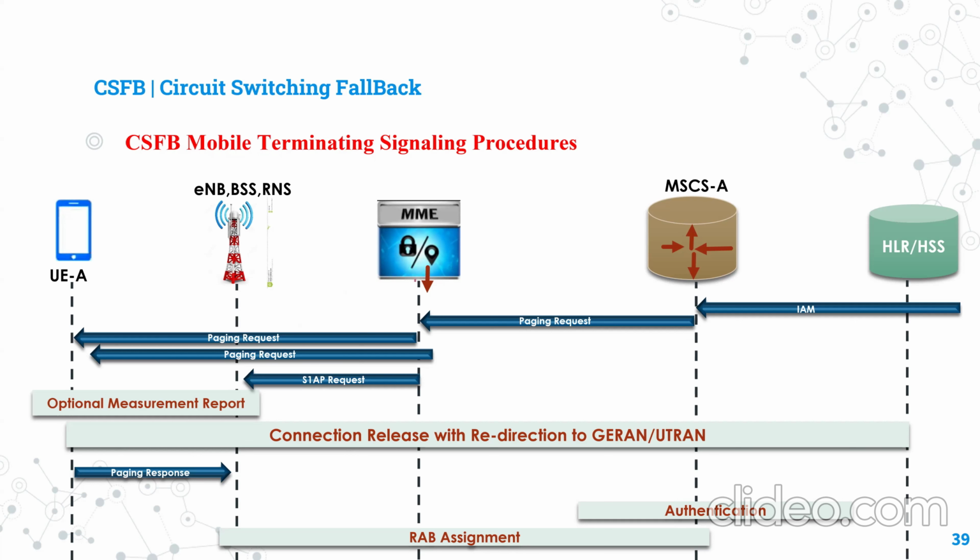Here, the MSC will do its call setup procedures like authenticating the subscriber and reserving RAB radio channels, so he can do his call, and then connects them to the B number that he's calling. So again, this is the circuit switching fallback mobile terminating signaling procedures in case the subscriber is receiving a call.